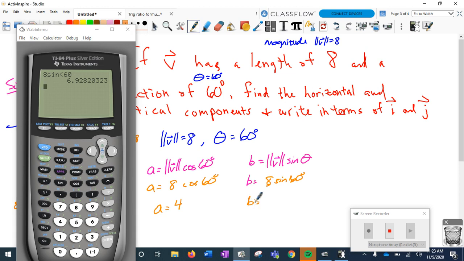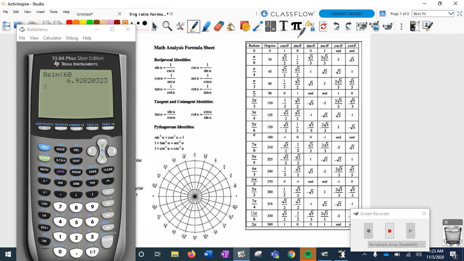In Canvas, I think I just said go to the nearest tenth, so 6.9. Now, again, technically, that's not exact. So if we want to be more precise, we would go to our trig chart and look at sine of 60 degrees. Sine of 60 degrees is square root of 3 over 2.